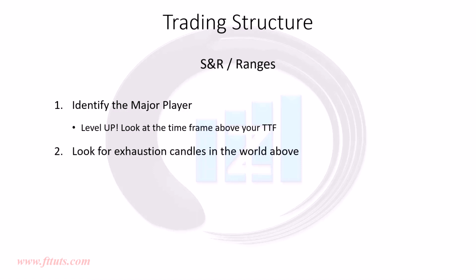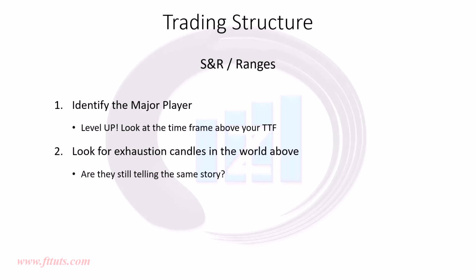Number 2 is you need to look for exhaustion candles in that world above us. We talked about that definitely in the last video, to where if we take 4 1-hour candles and put them together and look at them on the 4 hour, are they really telling us the same story that our 1-hour candle is?